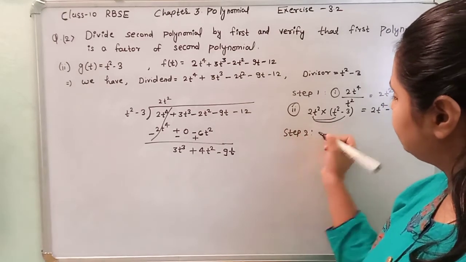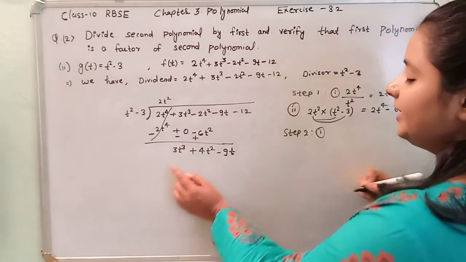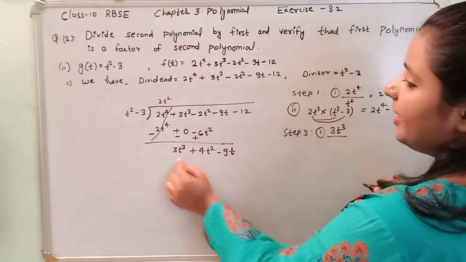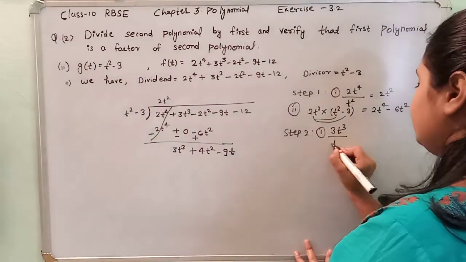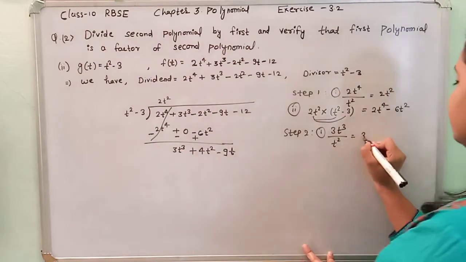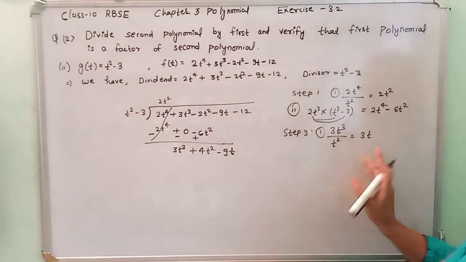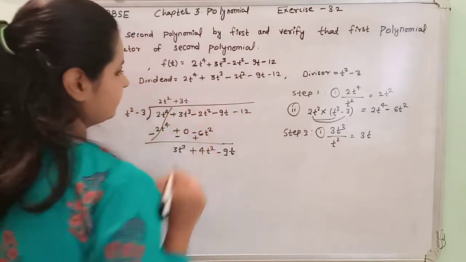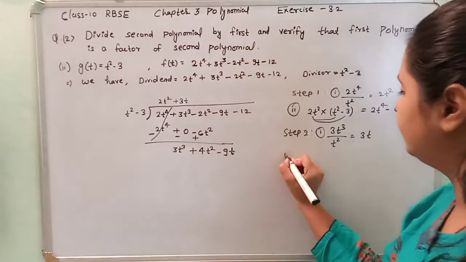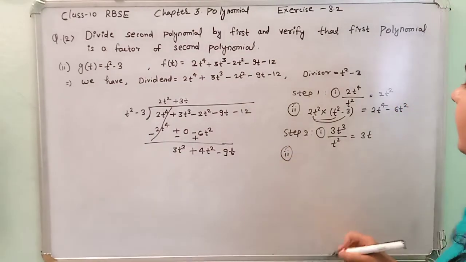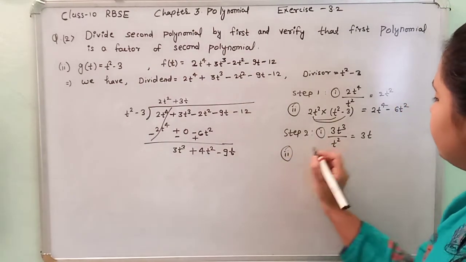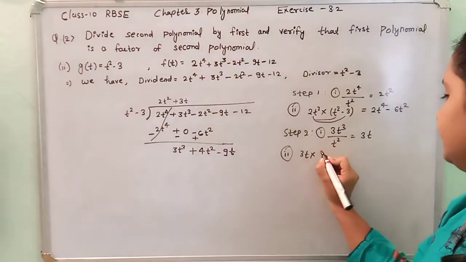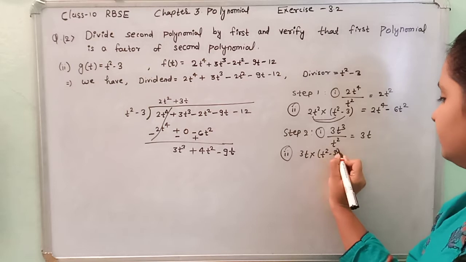So come here. Fine. Now step second. Same: the first term 3t cube will be divided by the first term of the divisor, t square. So we will get 3t. Now this 3t we will write here, plus 3t. Now second, what we will do: this 3t will be multiplied by this divisor, t square minus 3.